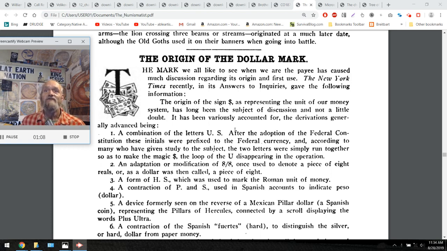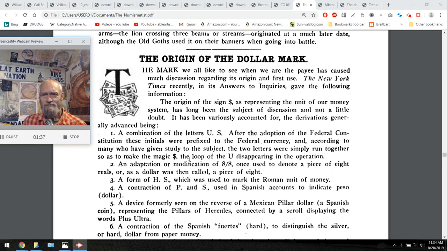The derivations generally advanced being, one, a combination of the letters U.S. After the adoption of the federal constitution, these initials were prefixed to the federal currency, and according to many who have given study to the subject, the two letters were simply run together to make the magic dollar sign, the loop of the U disappearing in the operation.